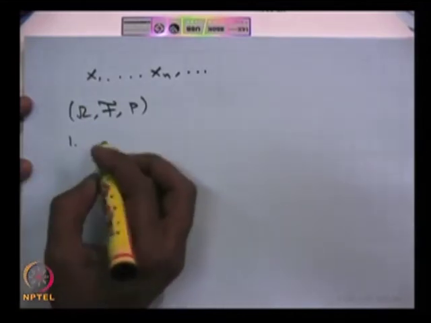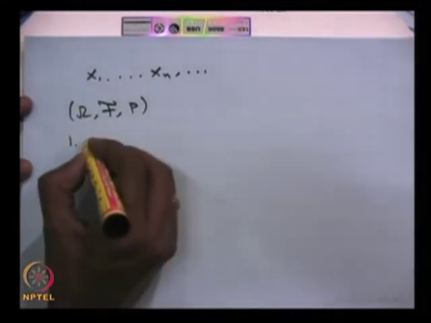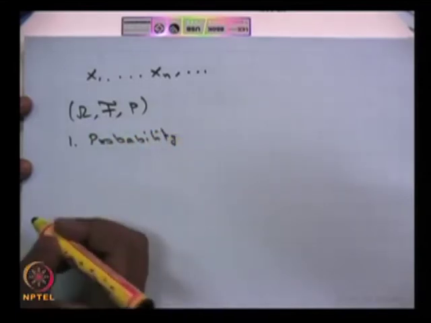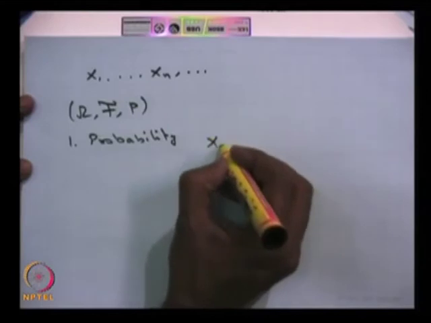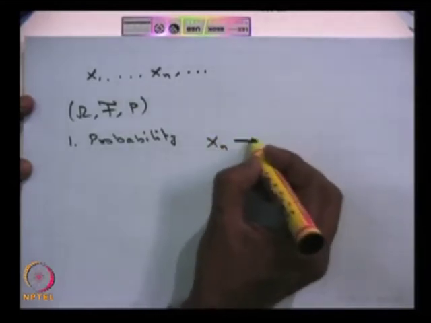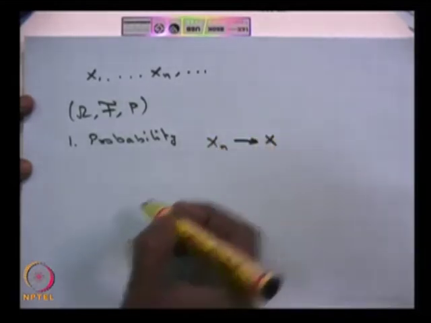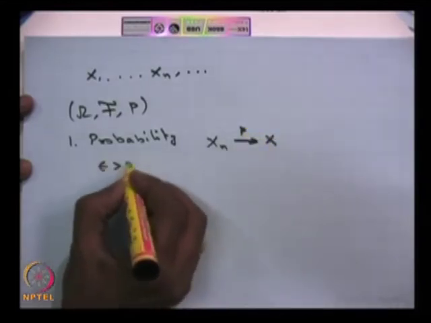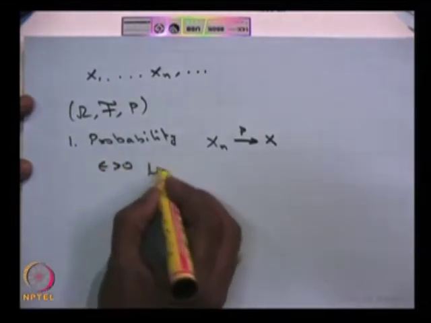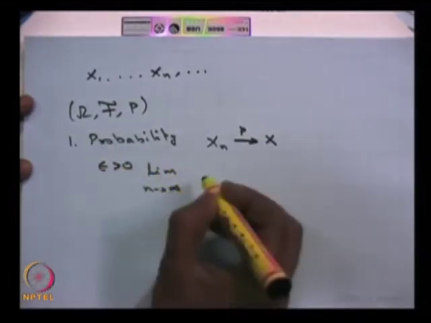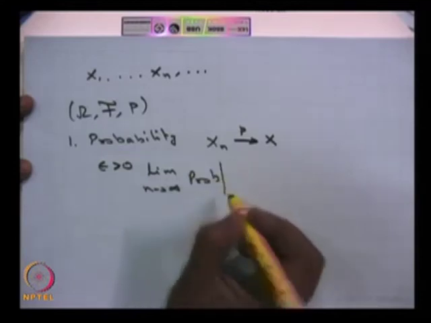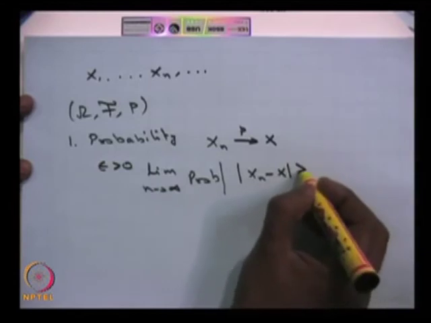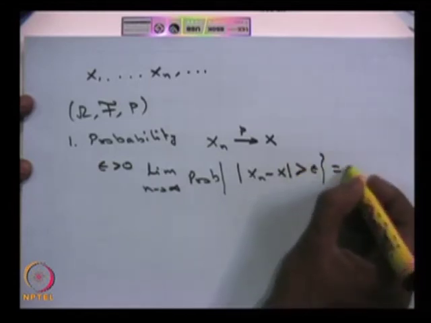The first one is called convergence in probability. If I say a sequence of random variables Xn converges to the random variable X in probability, that means if I take any epsilon greater than 0, then the limit as n tends to infinity of the probability of the absolute value of Xn minus X being greater than epsilon is 0.